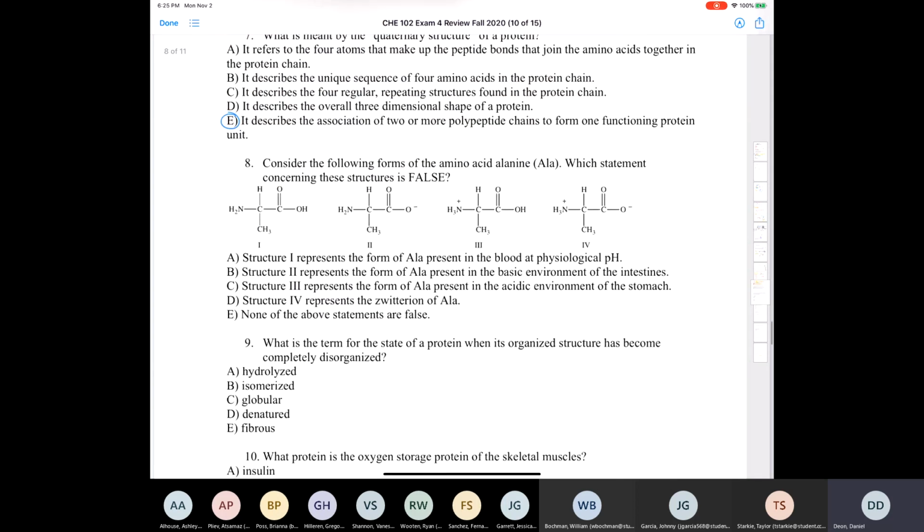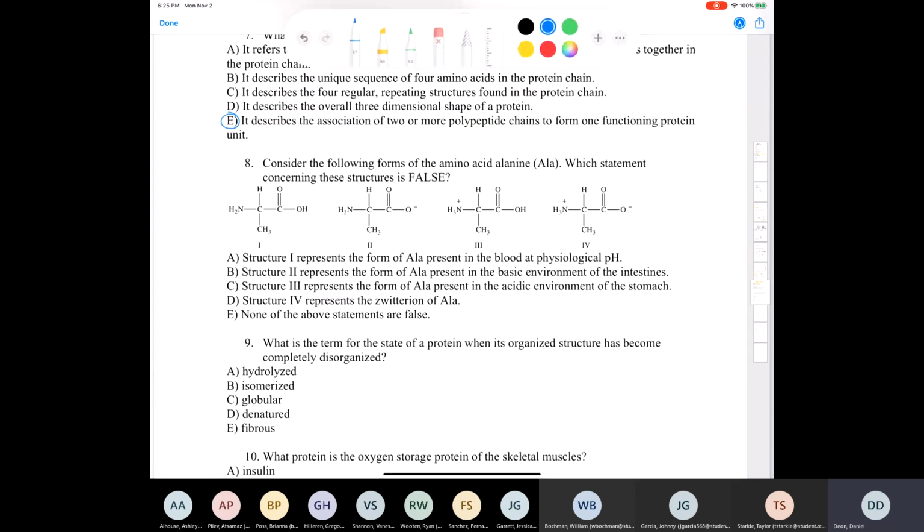Okay, number 8, consider the following forms of the amino acid alanine. Which statement concerning these structures is false? I'll give you a second to take a look at the answers instead of me reading them all.